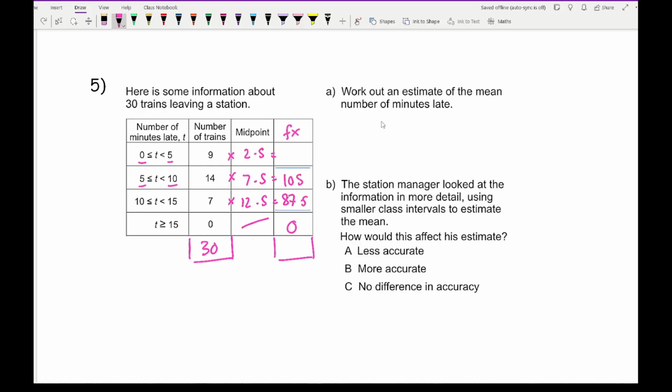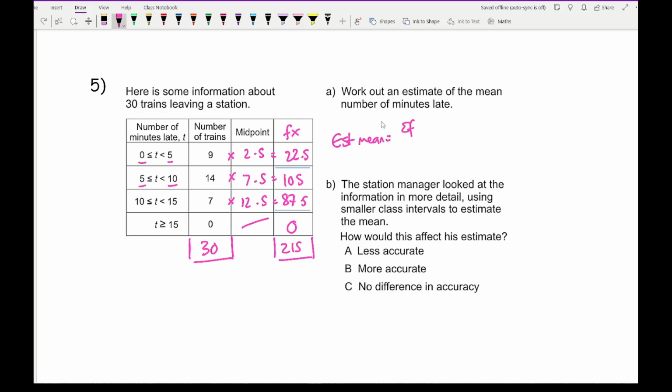And 9 times 2.5 is 22.5. So then if I add all those numbers up, so 22.5 plus 105 plus 87.5, I get 215.